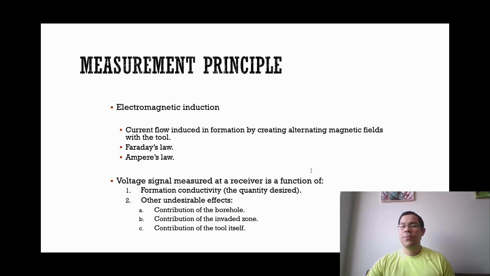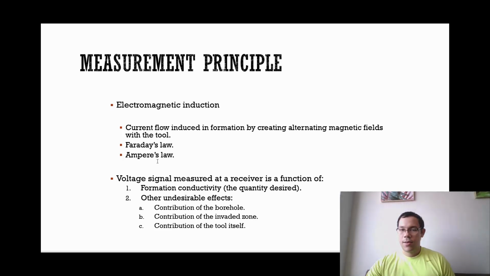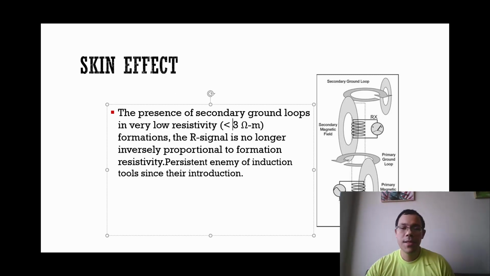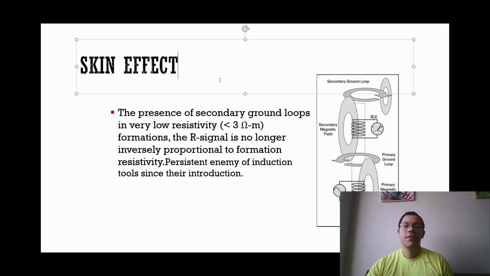About the measurement principle, we'll just discuss it. It's about Faraday's law, Ampere. You have your coils and a bunch of signals that you want and you don't want. Skin effect. When I mentioned very low resistivity formations, this is a good number to have an idea of the order of magnitude: anything lower than 3 ohm-meters is considered a low resistivity formation.